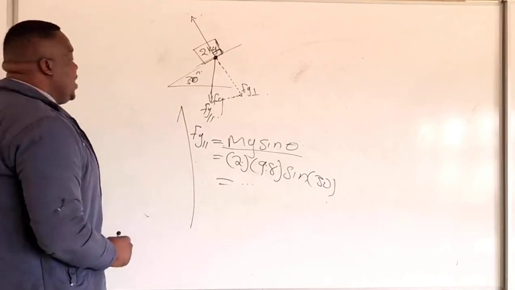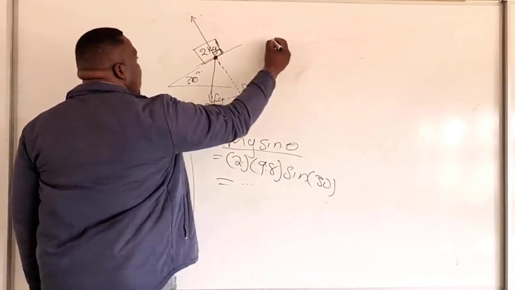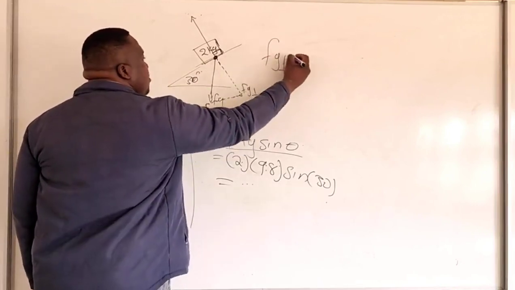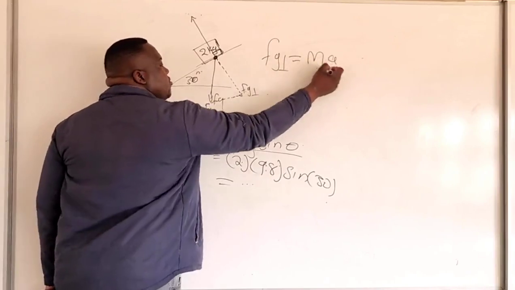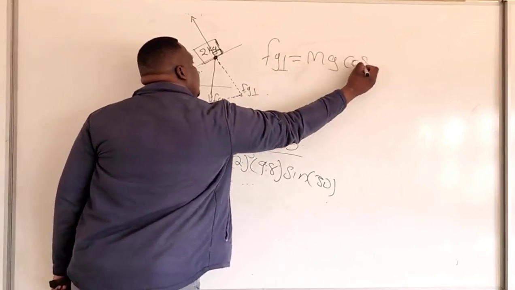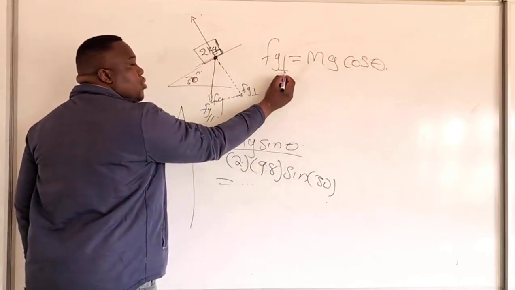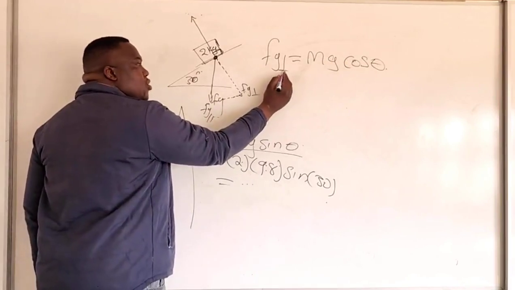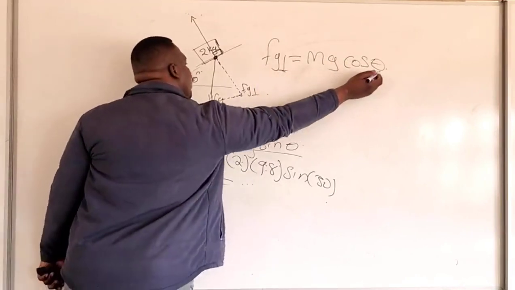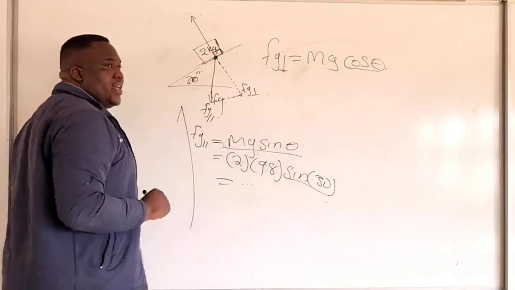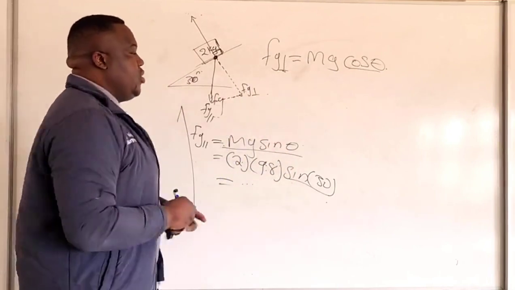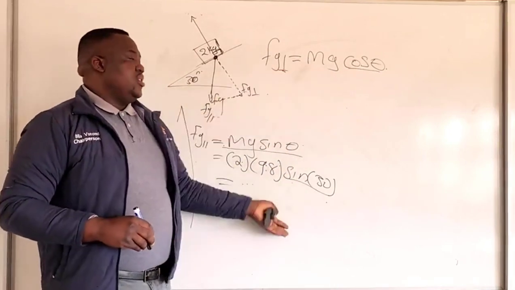If I want to calculate the perpendicular component, I'm going to say mg cos theta, the gravitational force perpendicular component. I use cos. As I've already explained, they will never change.